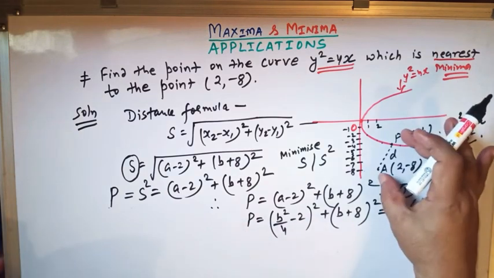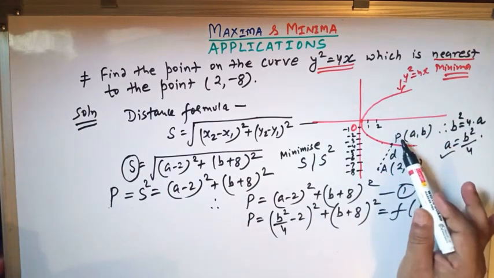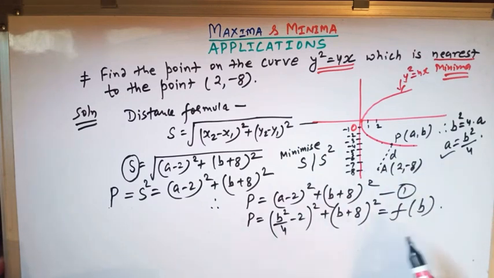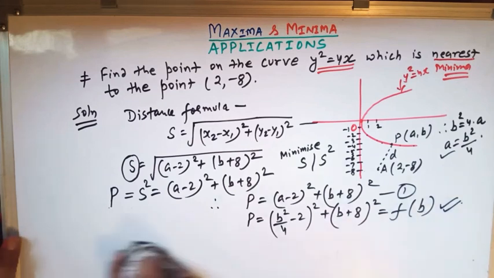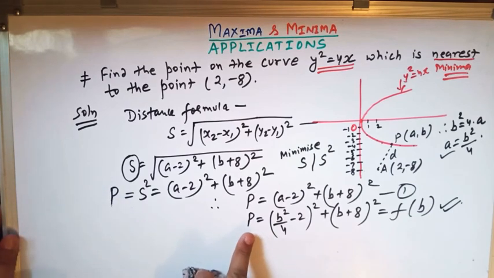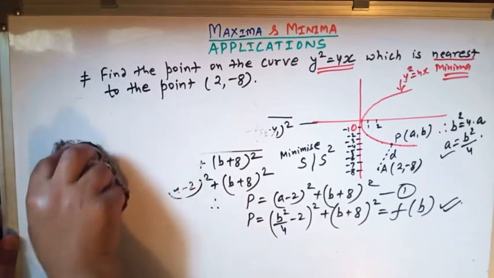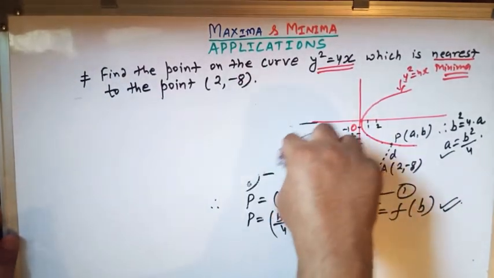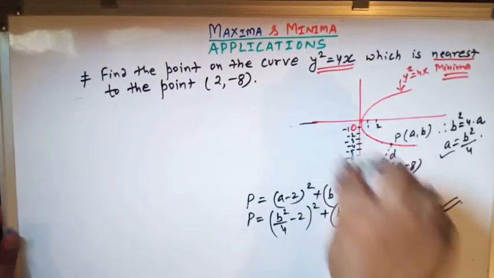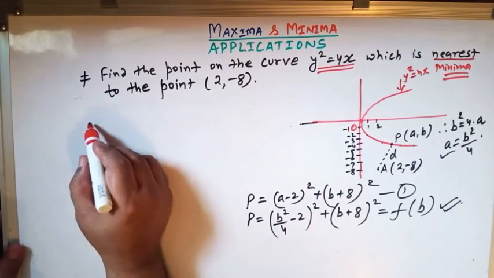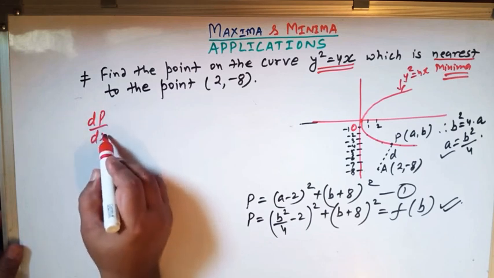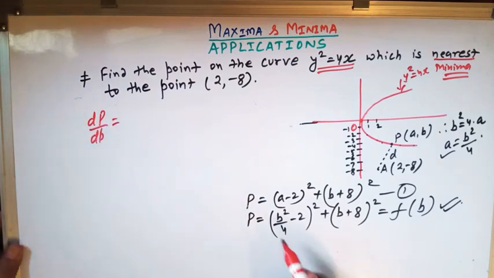Therefore the distance function between P and A is expressed in terms of b only. Clear? Okay, now let us differentiate this expression p. So let us find dp over db, because p is a function of b.